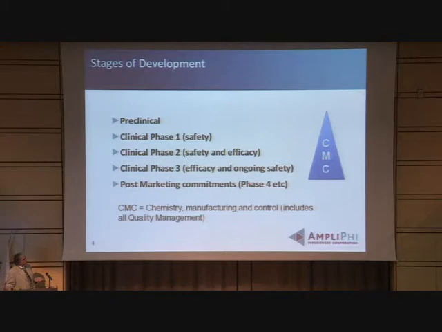So you need to be aware of the requirements all the way through for this. And of course, even after you're on the market, you can do additional trials for other indications or for issues the regulators still want resolved. But all the way from phase 1 to phase 4, you need to be aware of the quality of the product.